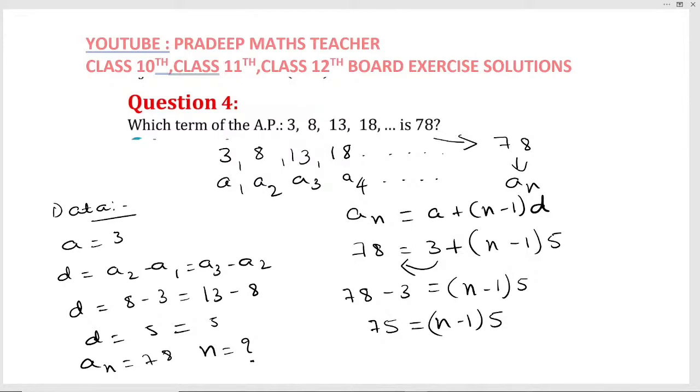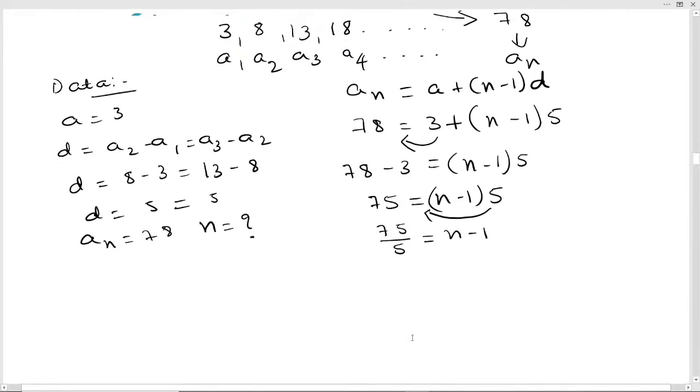Now send the 5 to the left hand side. This is multiplication, N minus 1 into 5. If you send 5 to the left hand side, it will become divide. So 75 divided by 5 equals N minus 1. This is what remains. Now just divide this.